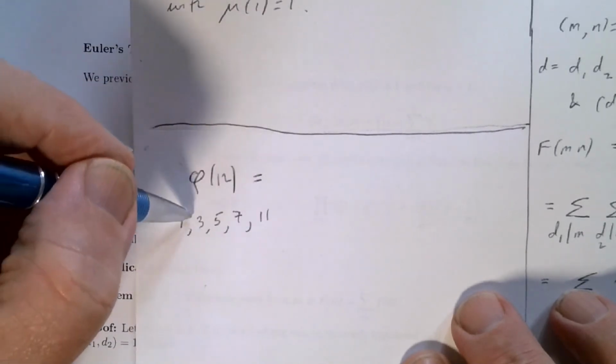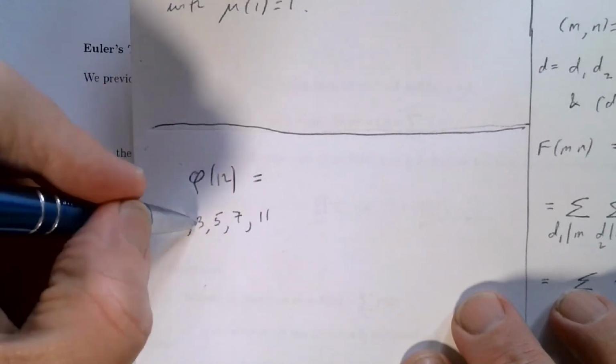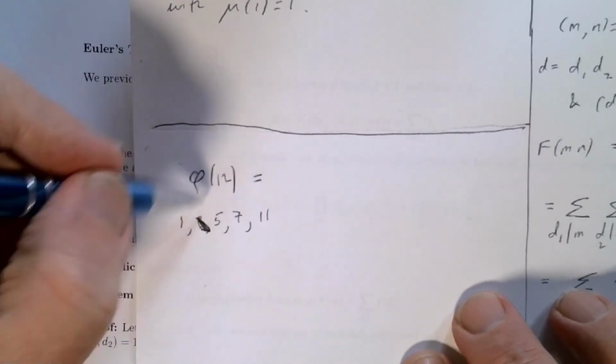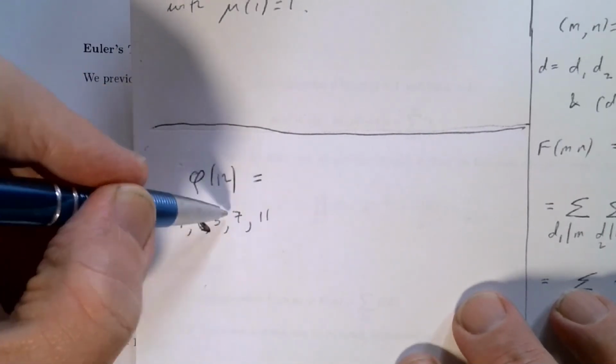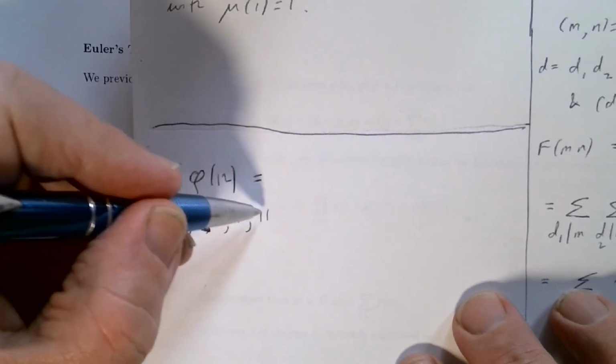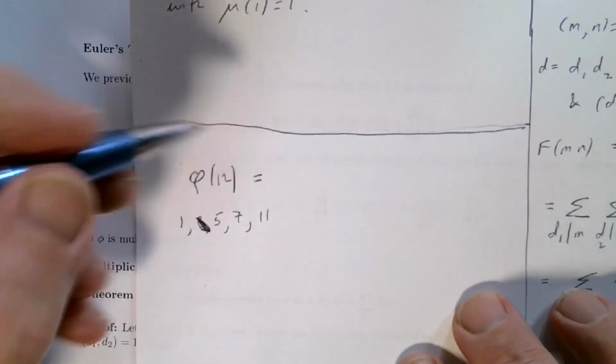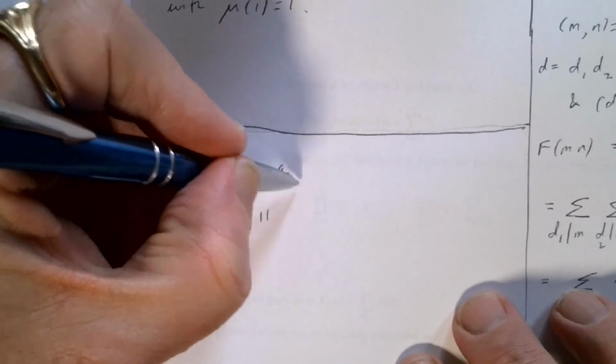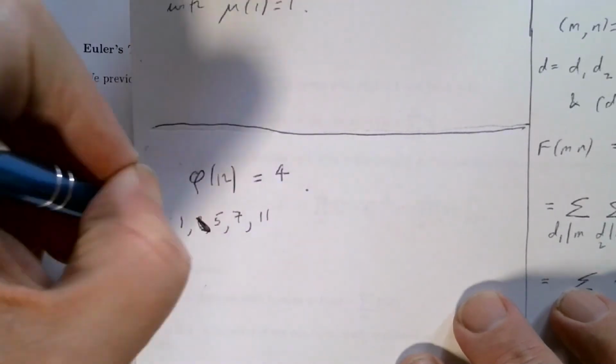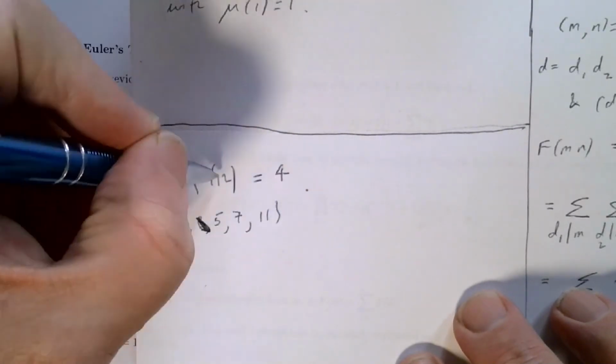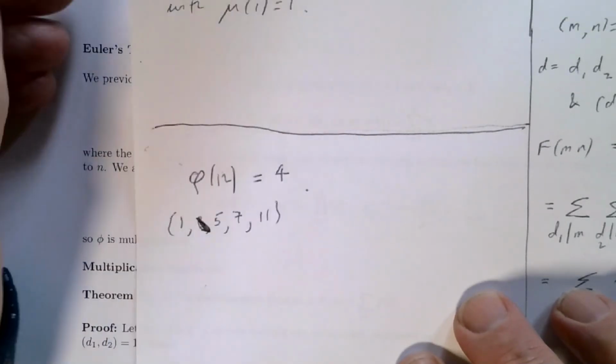So 2 is not relatively prime, 3 is not, 4 is not, 5 is, 6 is not, 7 is, 8 is not, 9 is not, 10 is not, 11 is, and so this will take the value 4. Okay, so there's the set of numbers that are relatively prime, and we count the number of elements in that set.